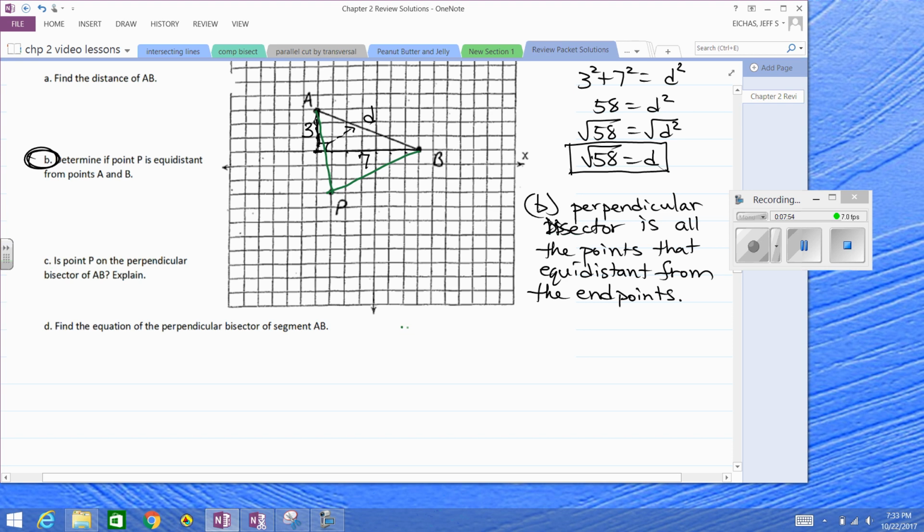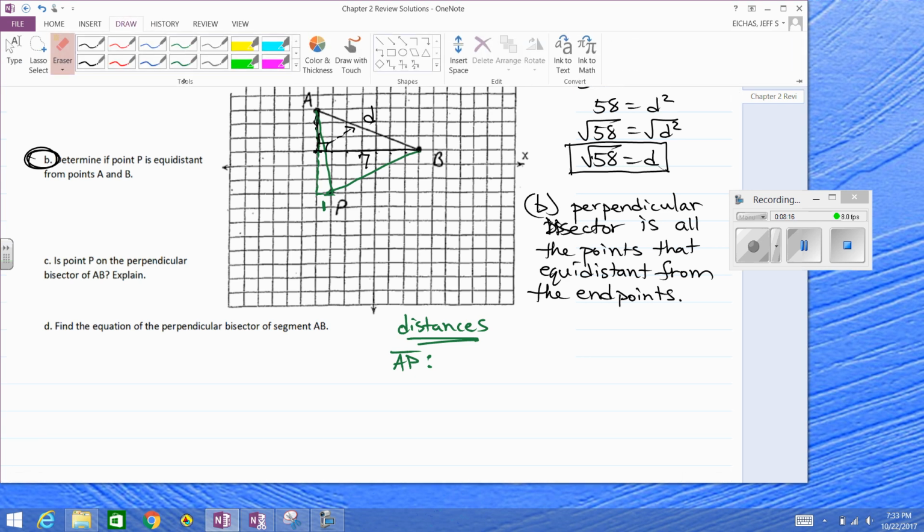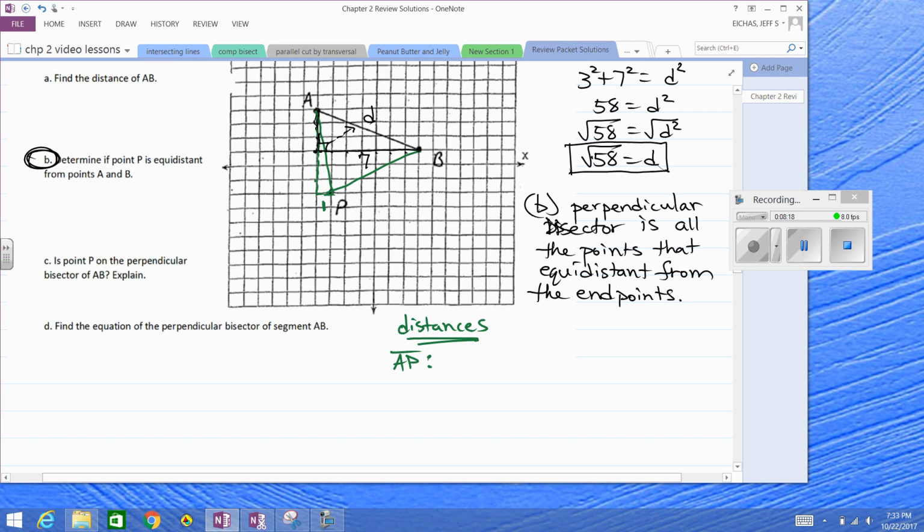So here's what we're going to do. We're going to calculate the distances. First, we're going to go A to P. Let's get the numbers here for that. That's going to be tricky. Okay, so it looks like the run is 1, and then the rise is 1, 2, 3, 4, 5, 6.